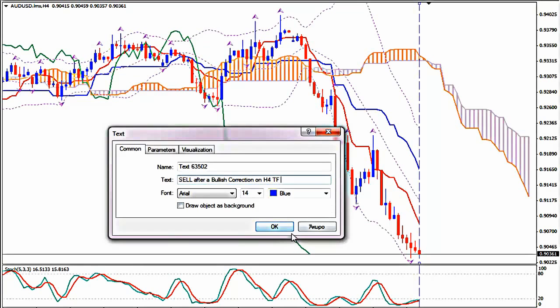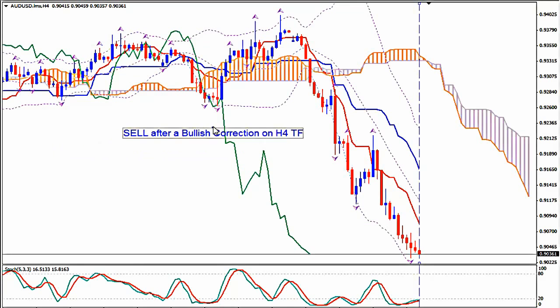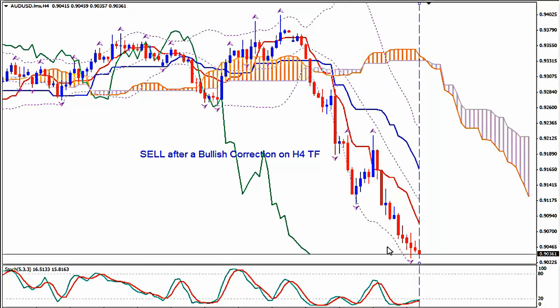So at one glance, the vertical line here and this message, this reminder, will help me get the ball from where I left it. It will be easier for me at a glance to look at my studies and say, oh, okay, I have to wait another hour, or another 4 hours to see if the bullish price Tenkan-sen cross will happen, or if the bullish correction is over and the bearish price Tenkan-sen cross is expected.